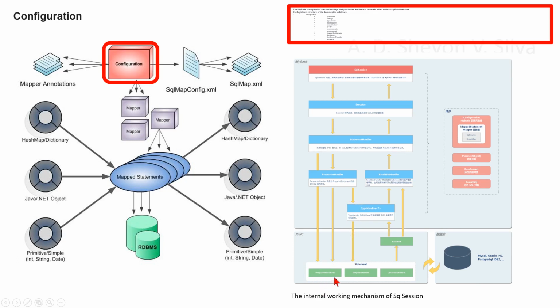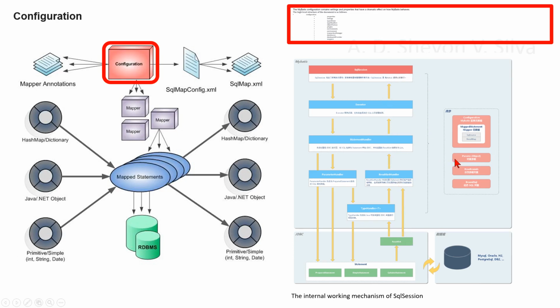Prepared statement, simple statement, and callable statements are inside statement. Statement is connected to result set, result set is connected to type handler, and type handler is connected to result set handler. Here result set is connected to result set handler. Result set handler is connected to statement handler, connected to executor, connected to SQL session.